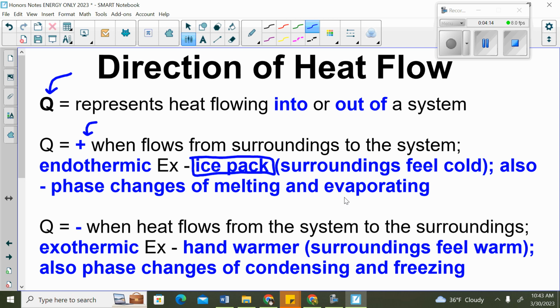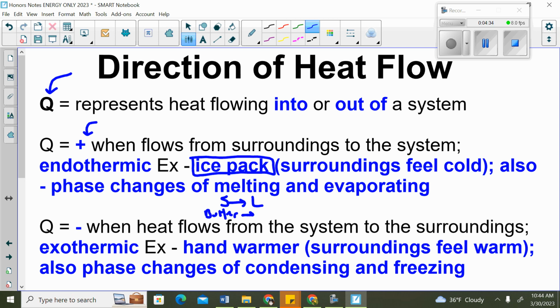We do also have some phase changes that involve endothermic processes. So melting, right, is solid to liquid. So in order for that solid to become a liquid, like butter, right?